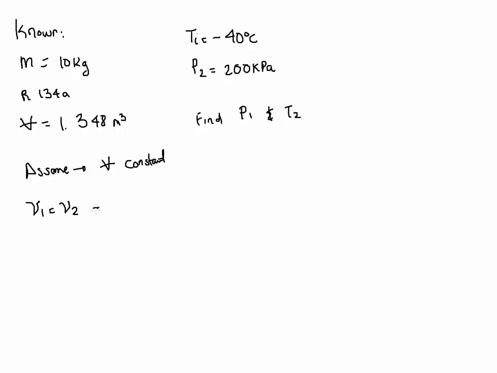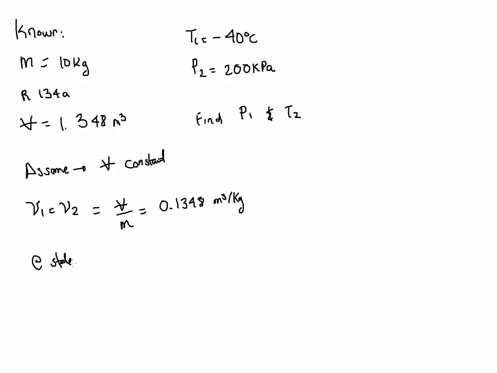So we're going to calculate it, and in that case it's going to be the total volume divided by the mass that we have. We take those two values, we find that the specific volume is 0.1348 meter cubed per kilogram. So we go into the tables with the following information.